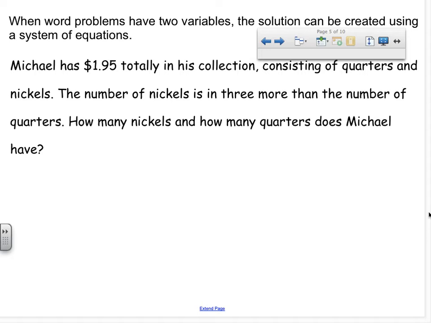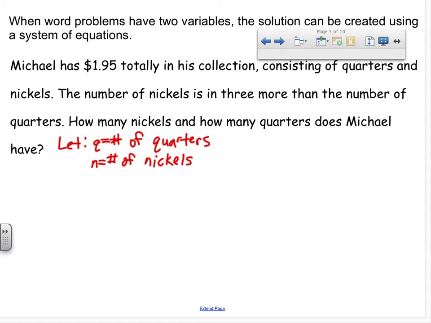I'm going to let Q be the number of quarters. And instead of calling the nickels Q plus 3, I'm going to call the nickels N. Since I have defined two variables, in order to find their values, I need at least two equations.